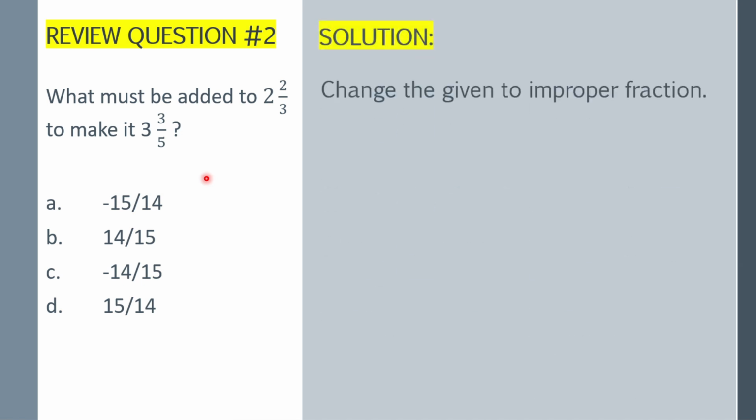Change the given into improper fractions. It's easy to compute this if the given is written in improper fraction. So, 3 and 3/5 and 2 and 2/3 can be written as 18 over 5 and 8 over 3.